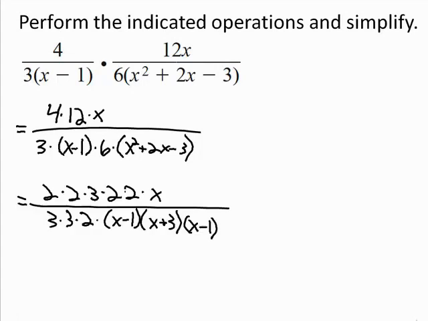There is a 2 and a 3 in both the numerator and denominator, so they cancel out. Also, there are two x minus 1s in the denominator, which can be rewritten as the quantity x minus 1 squared. You are left with 8x divided by 3 times the quantity x minus 1 squared times the quantity x plus 3.